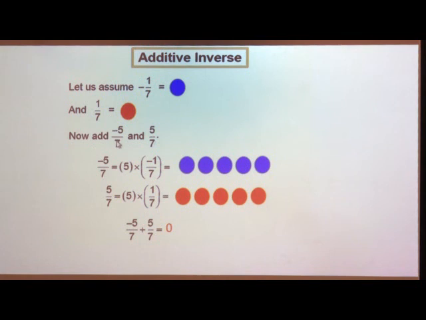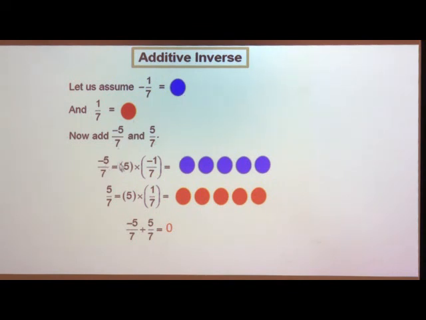So now we have to add minus 5 upon 7 and 5 upon 7. Minus 5 upon 7 is equal to 5 multiplied by minus 1 upon 7. Why? Because we know that minus 1 upon 7 is blue. So what we had done?